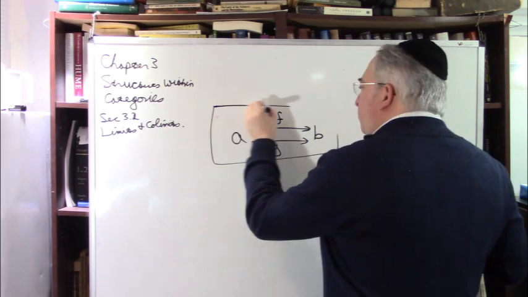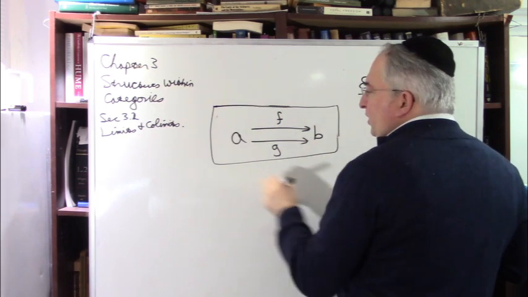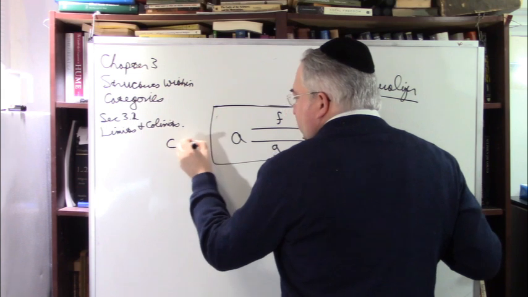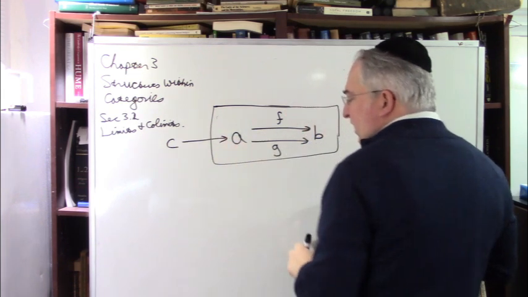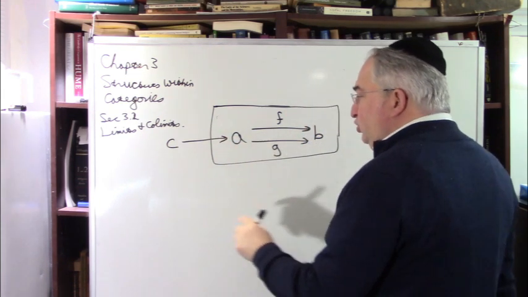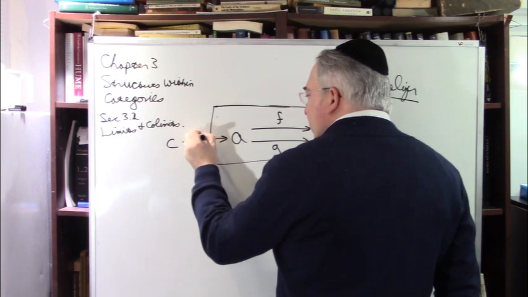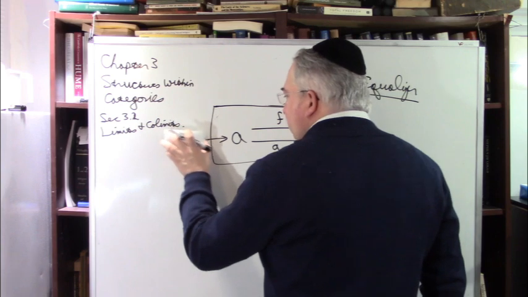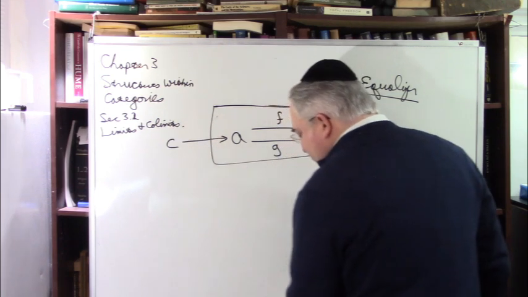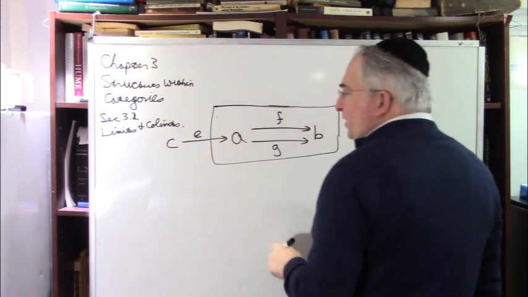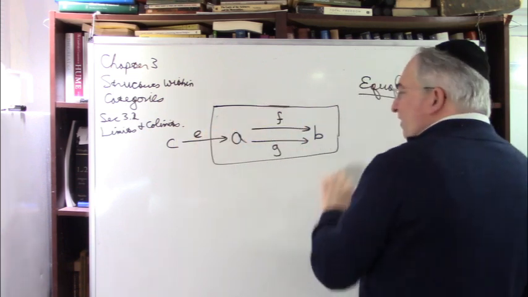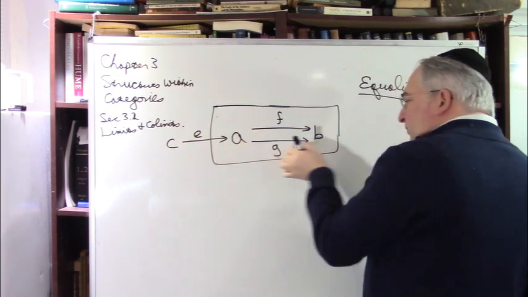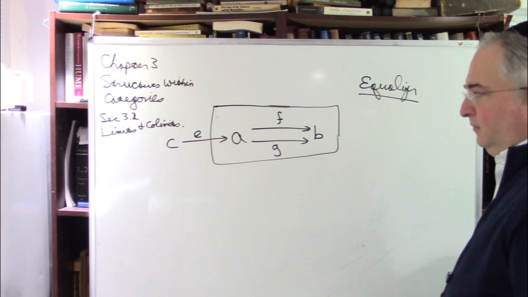But the way the diagram is usually written is like this. You have an object C, and C maps into A, and you assume, so we'll call this PA. I'm sorry, I want to call this E for equalizer. This map is an equalizer, which means E followed by F is equal to E followed by G. Okay?